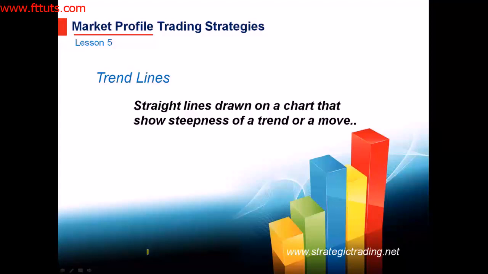You're going to see them definitely on line diagrams. You're also going to see them on bar charts and candlestick charts. Trend lines are very simple. They're nothing more than straight lines that are drawn on a chart that show us the steepness of a trend or a move. And of course, I will show you some examples.